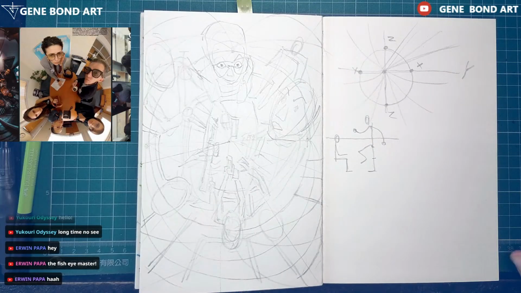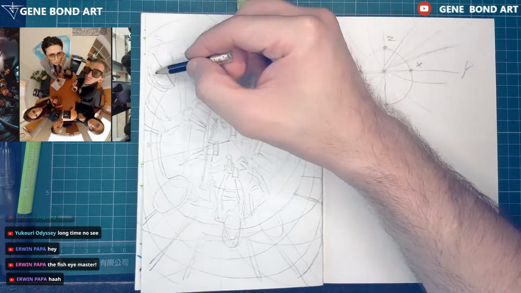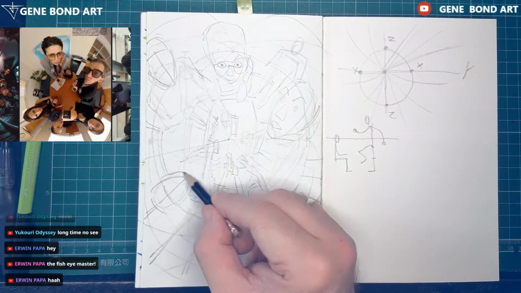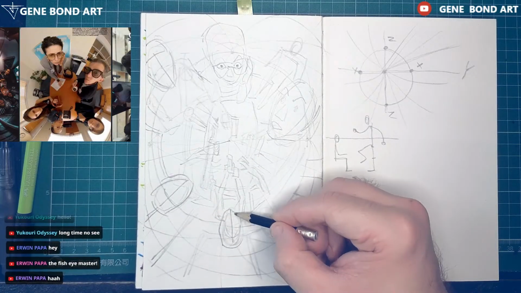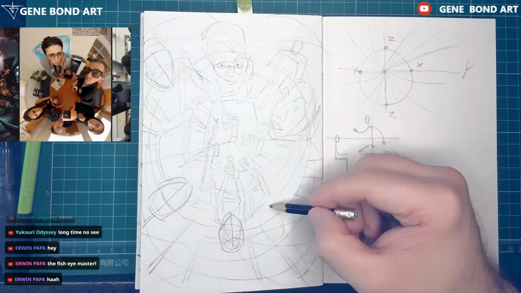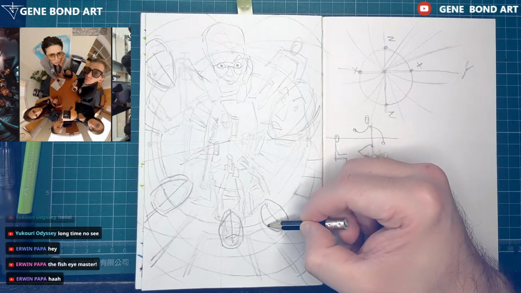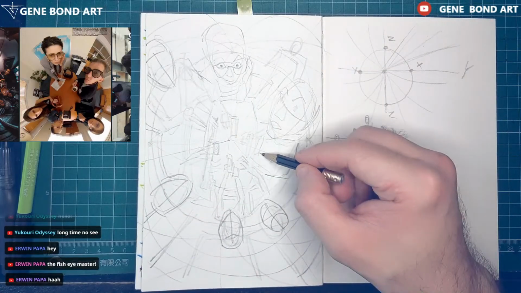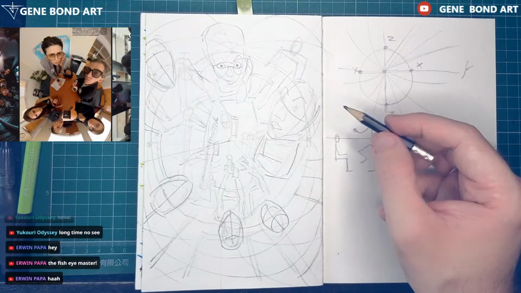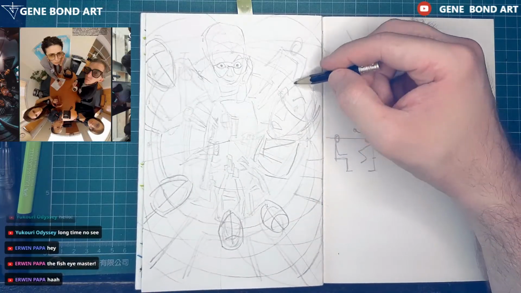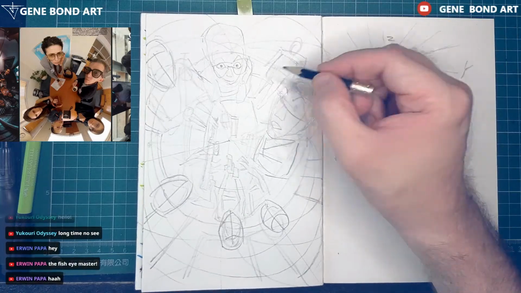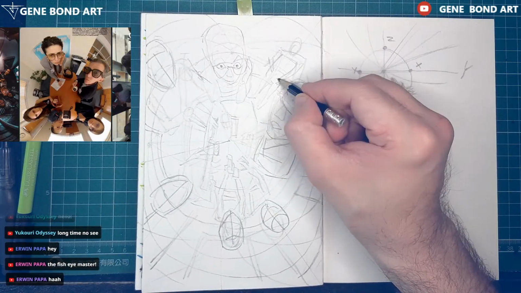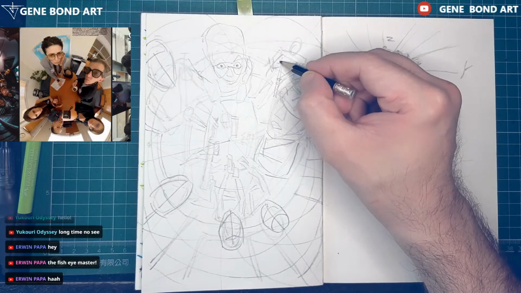Now let's indicate the construction of their heads. Okay. This is kind of a cartel office.